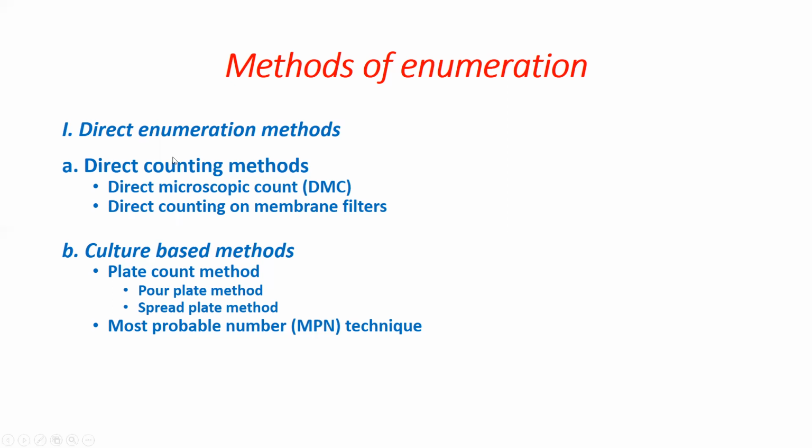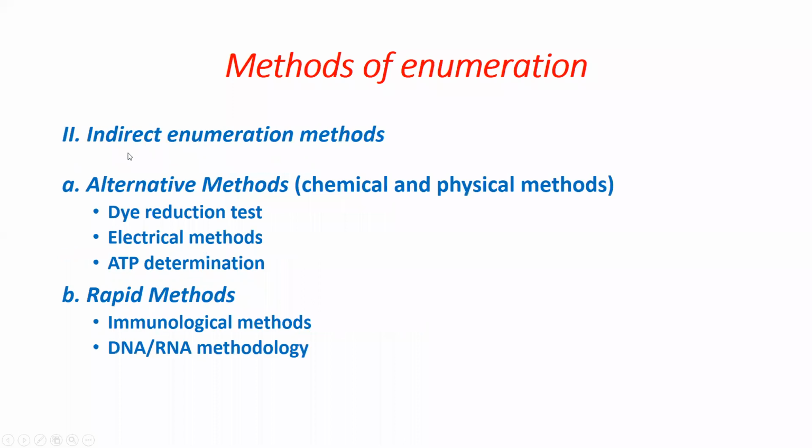Then there are indirect enumeration methods: alternative methods, which are physical or chemical methods. Here we use the dye reduction test, electrical methods, and ATP determination. These three methods come under the alternative methods.